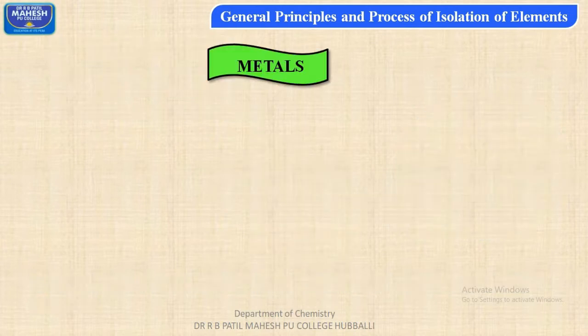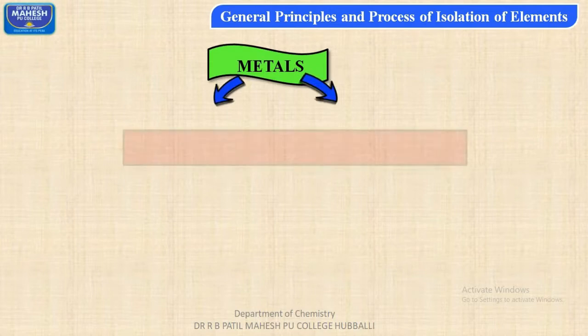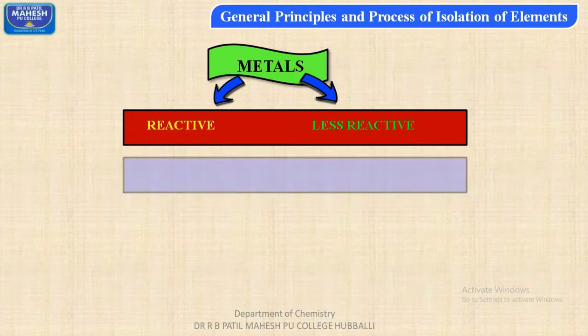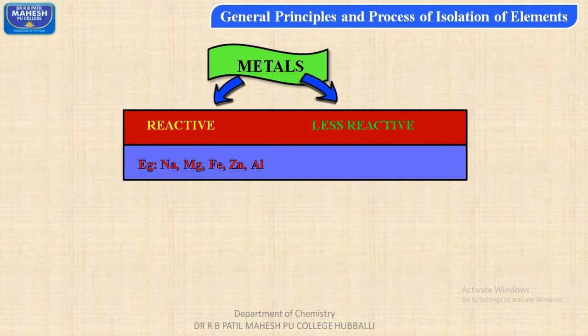Metals can be classified into reactive metals and less reactive metals. Examples of reactive metals, students, are sodium, which belongs to Group 1, that is alkali metals, next magnesium, iron, zinc, aluminium. All these metals are highly reactive in nature, so very easily they give electrons.